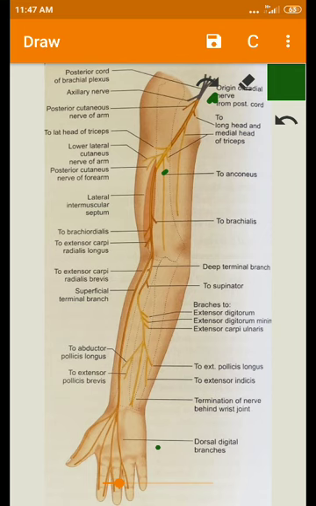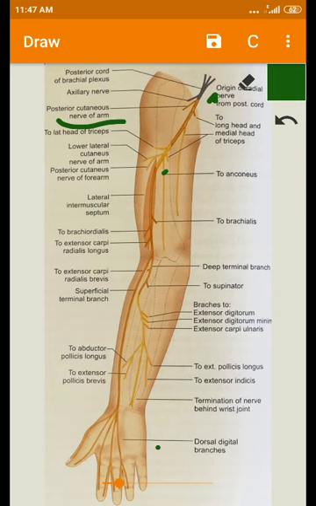The branches of the radial nerve in the arm are the posterior cutaneous nerve of arm and the lateral cutaneous nerve of arm.